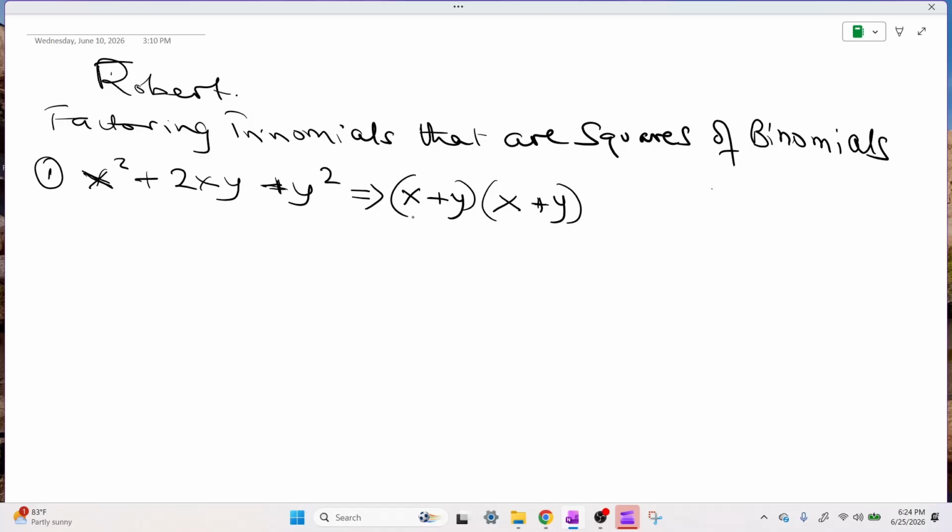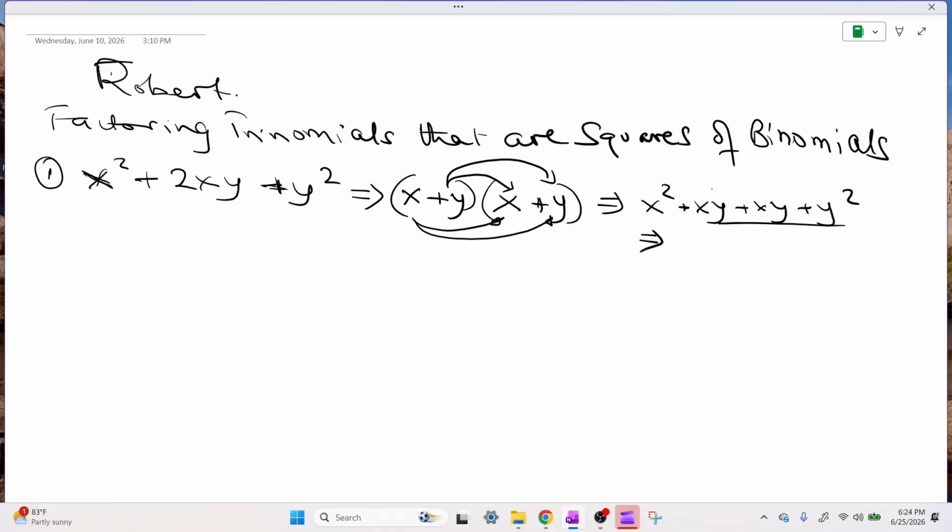Now, of course, by using the distributive property, x times x will give us x squared, and then x times y gives us xy, and then y times x will give us another xy, and then y times y will give us y squared, which this expression here will get reduced to x squared plus 2xy plus y squared.